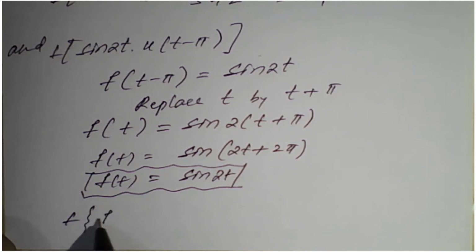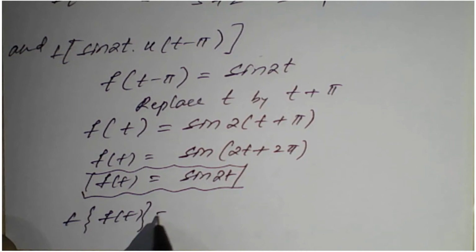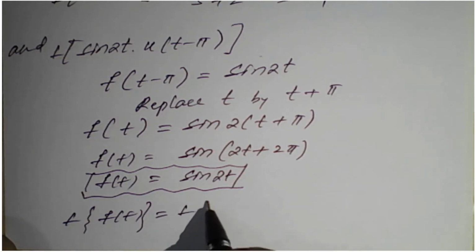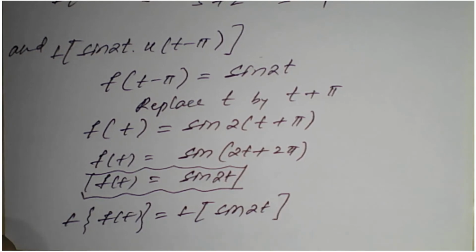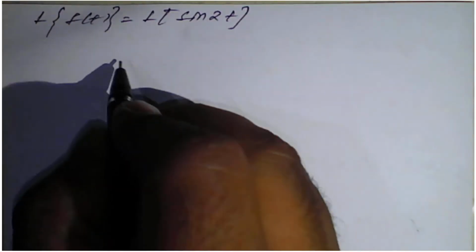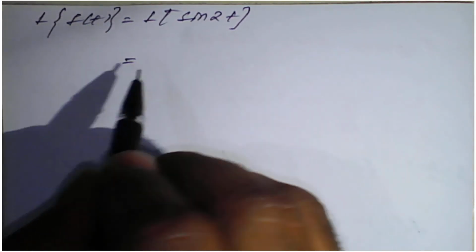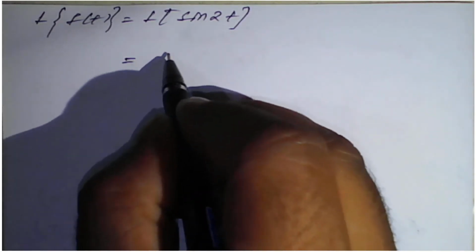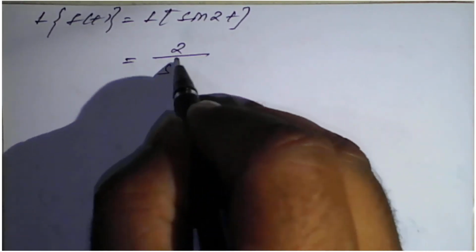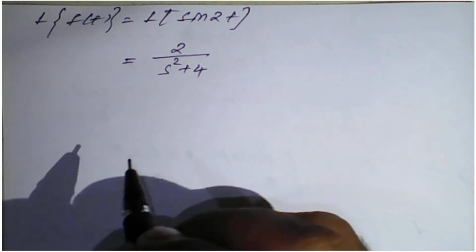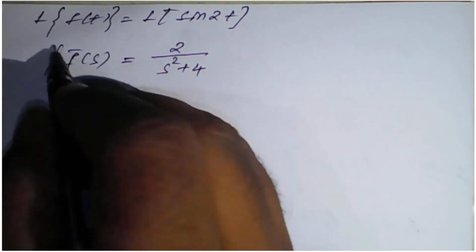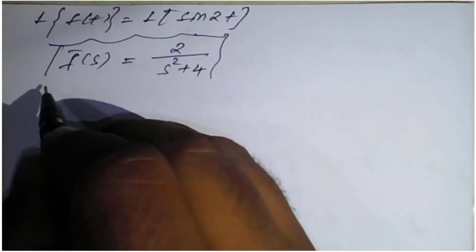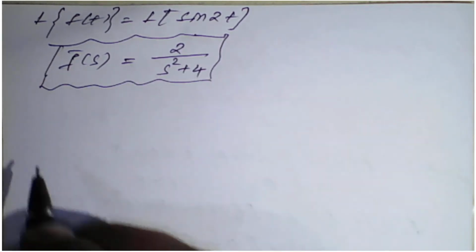So Laplace transform of f of t is equal to Laplace transform of sine of 2t. Laplace transform of sine 2t is nothing but 2 divided by s square plus 2 square, which is 4. So this is our f dash of s. This we are solving under the unit step function.